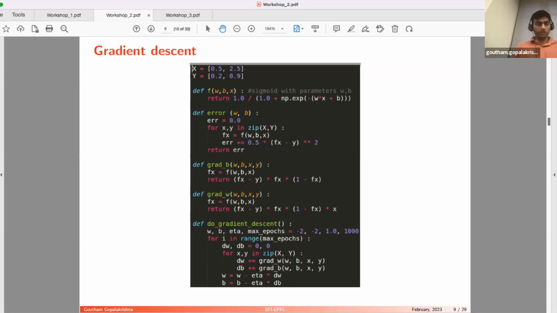In the folder, I have a file called gradient descent. If you want to get your feet wet, what you can do is copy this part, okay, and just execute this and try to plot the error for each iteration and see what happens.